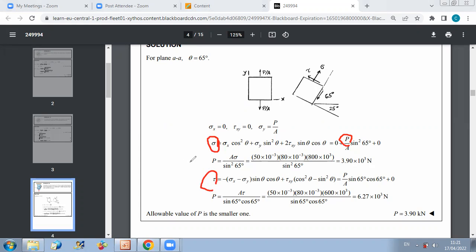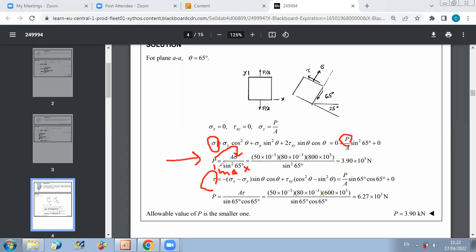So the first step was to express P as a function of sigma. I got P as a function of sigma from this expression, and since I have the allowable value of sigma given to me, I just have to replace it. This will give me P1 maximum, the first maximum allowable value of P. Now I move to the second step.